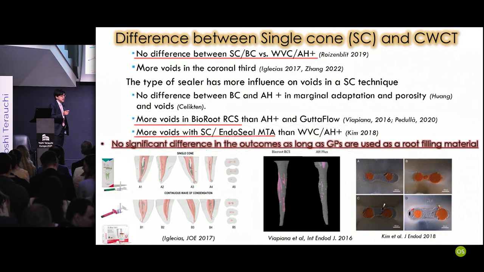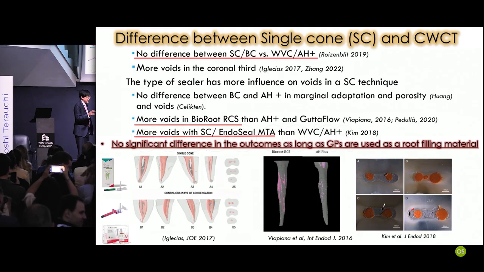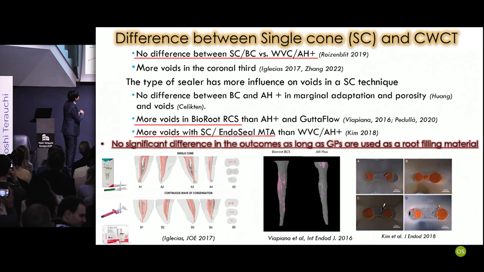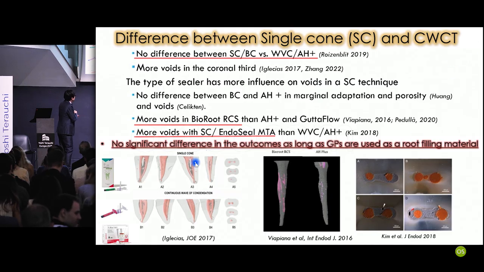So do you think single cone technique is better than gutta-percha fillings? Actually, there is no significant difference. These studies show the differences between single cone and continuous wave of condensation technique. In conclusion, there was no significant difference in the outcomes as long as gutta-percha is used as a root filling material.